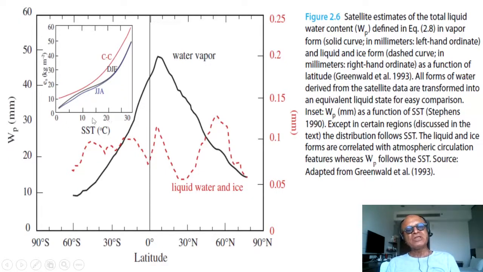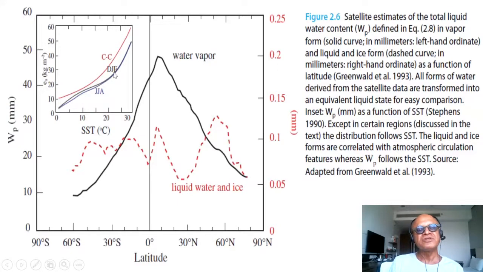Looking at the relation between sea surface temperature and, again, our favorite Clausius-Clapeyron, and the seasonality of the water vapor, now in kilograms per meter squared, so this is not integrated. And you see the nonlinear relation we expect in these temperature ranges.